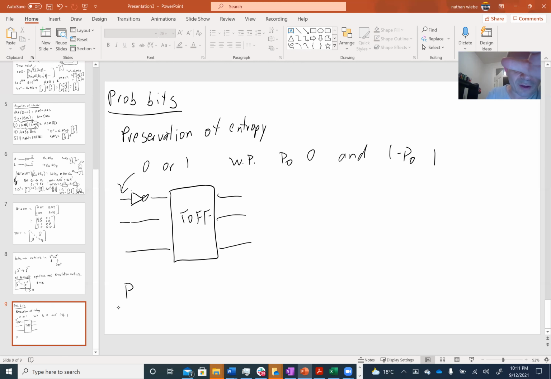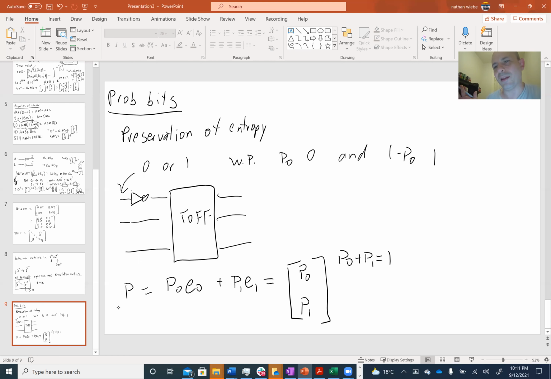The probability vector for the single bit, for example, is just going to be equal to P0 e0 plus P1 e1. And that's just a vector that keeps track of both of the probabilities of 0 and 1. Like this. And obviously, of course, we have to have that P0 plus P1 is equal to 1 in order to make it a valid probability distribution.